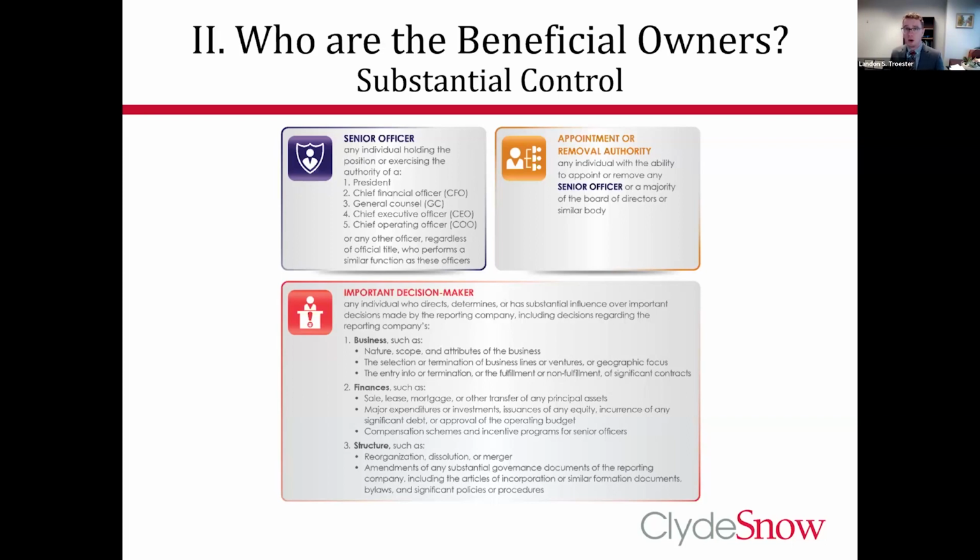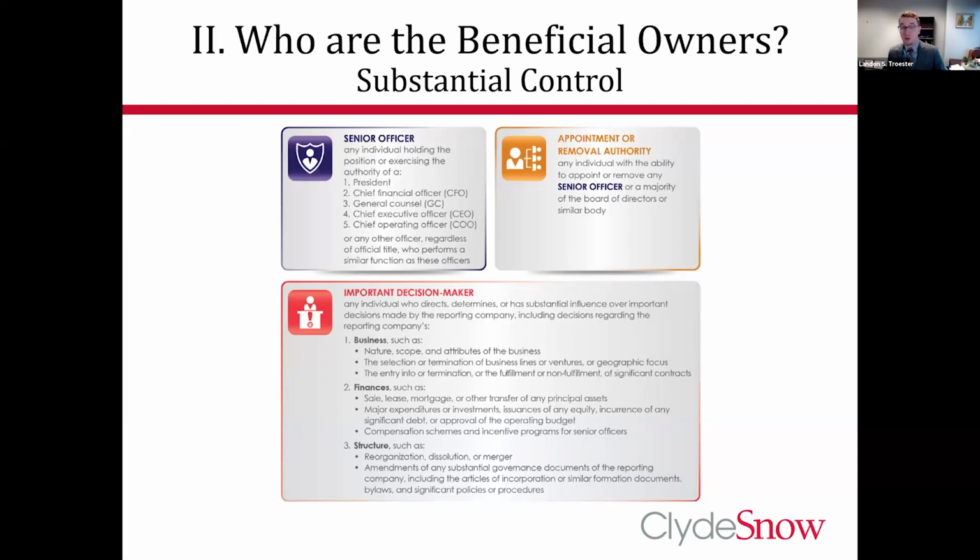This will require some parsing because on your 25% standard, no one may have power to appoint or remove, say, the majority of the board unilaterally. But if someone has founder shares or other types of preferred rights that give them this power, well, you're now solidly in the substantial control category, and it's something to think about.